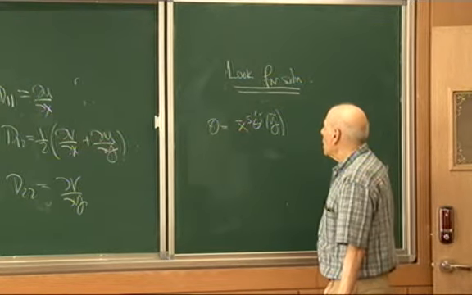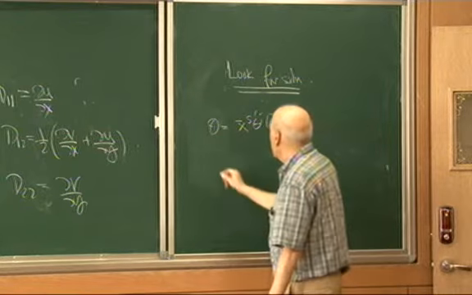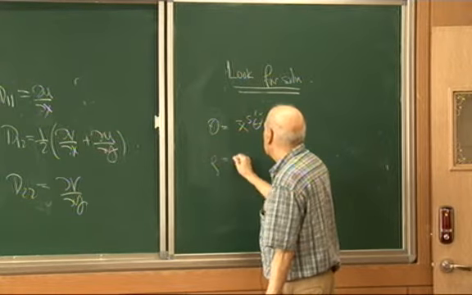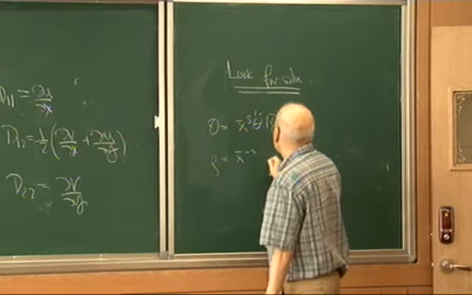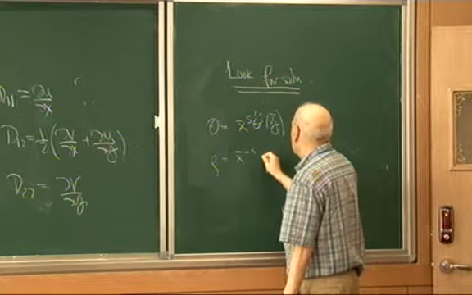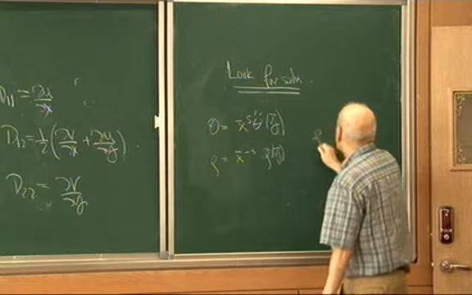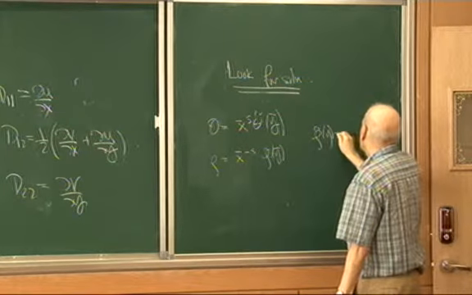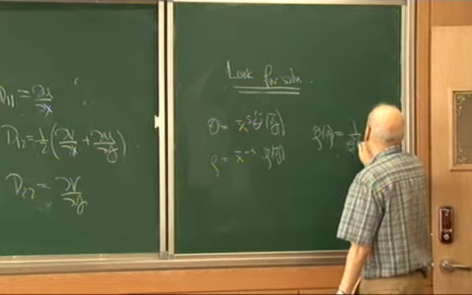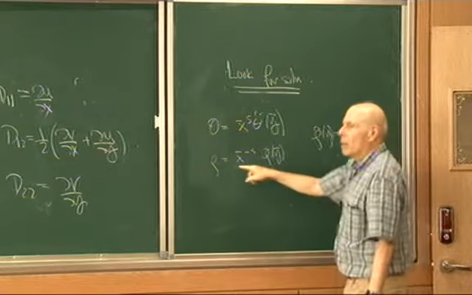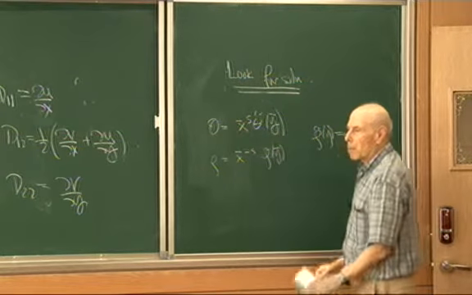Then rho has to look like x to the minus s times rho tilde of y, where rho tilde of y is 1 over theta hat of y, because rho times theta equals 1. That makes it easy.